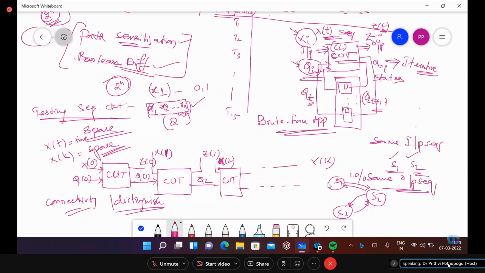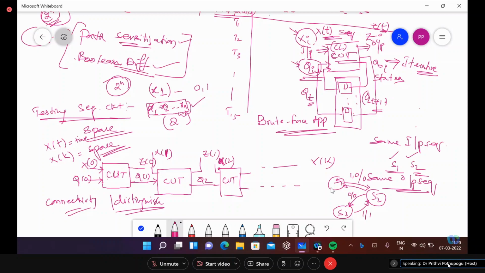There is no such sequence connecting the path of S1 and S3. Then we say that S1 and S3 are distinguished.